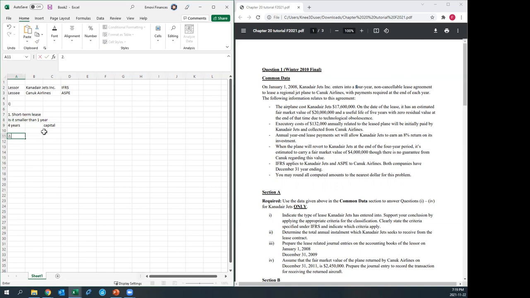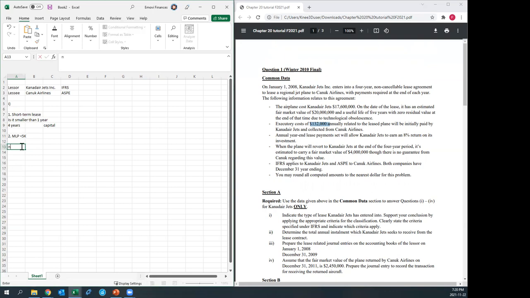And then 2 is the minimum lease payment smaller than $5,000. They don't tell us what the payment is, right? They didn't tell us annually how much they're paying. They just told us that there's executory cost of $132,000, but they didn't say the payment regarding the lease. So that means that we're going to have to find it out. We're going to have to compute it.